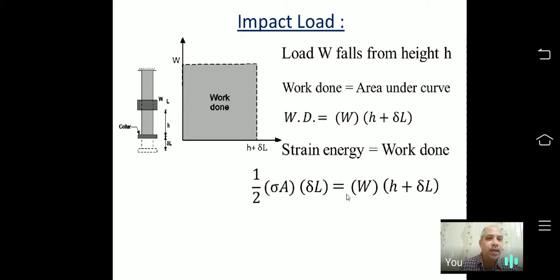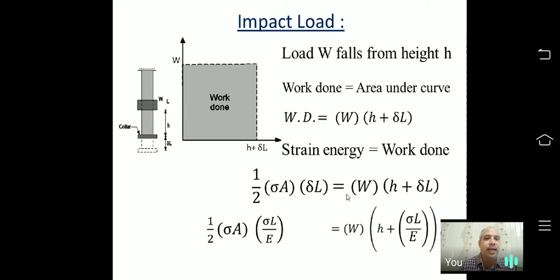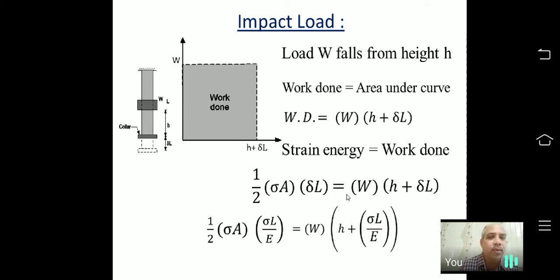So if we put delta L in terms of sigma on both sides, then the left side is 1/2 sigma A into sigma L by E, and here W in bracket H plus sigma L upon E. Now when we simplify this, we get a quadratic equation for sigma. So if I solve this quadratic equation for sigma, then I will get the value of sigma.